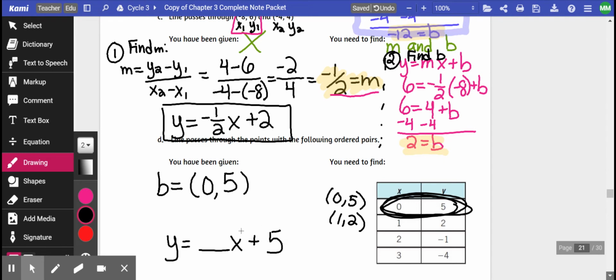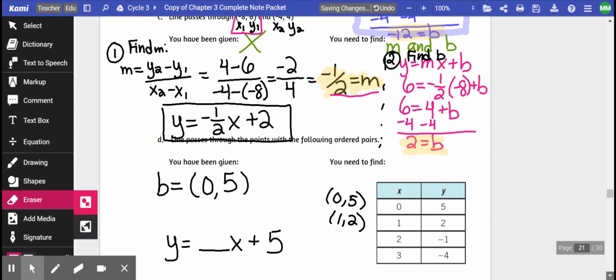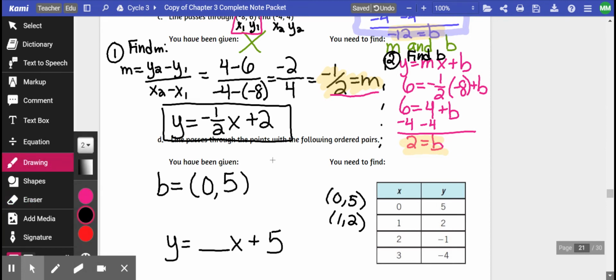Now we have to solve for m. And we know from looking at our previous sections that m is just the change in y over the change in x. So we're going to go ahead and look at the change in y.